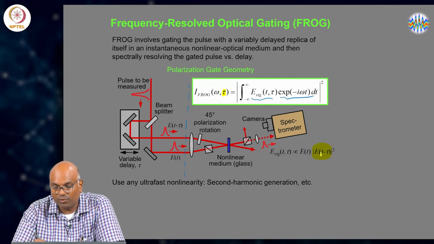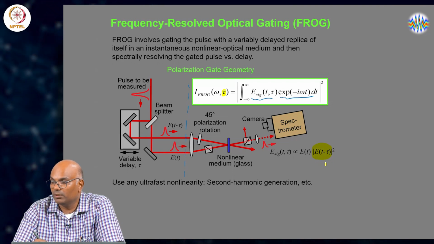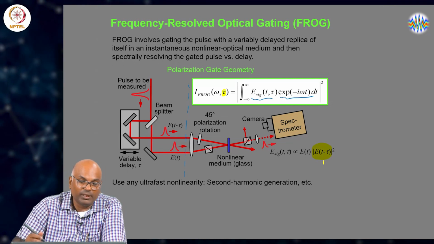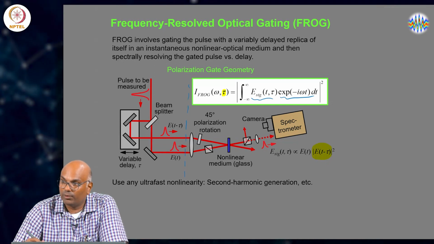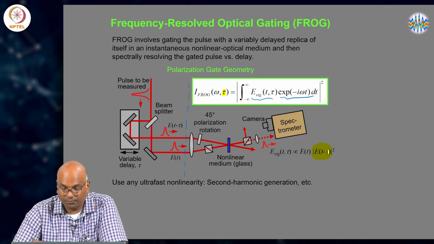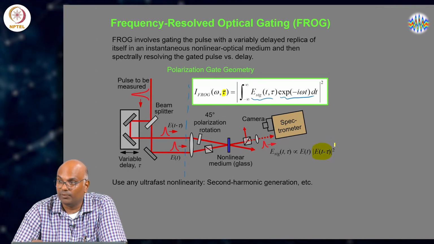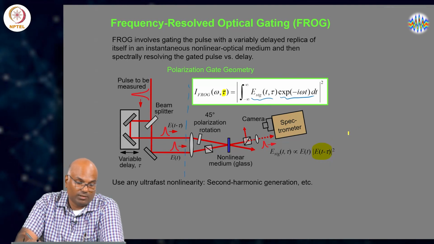The mod square of E of t is simply I of t, right, or I of t minus tau in this case. So, this implementation of this gated technique of building a spectrogram is exploiting the intensity envelope of the pulse to do the function of a gate, right.